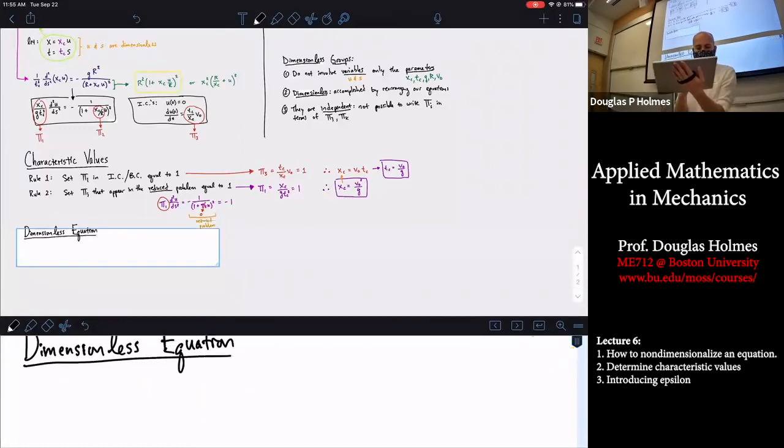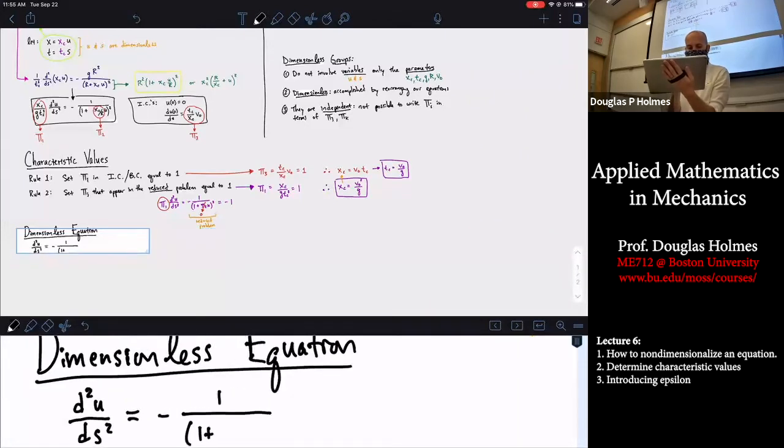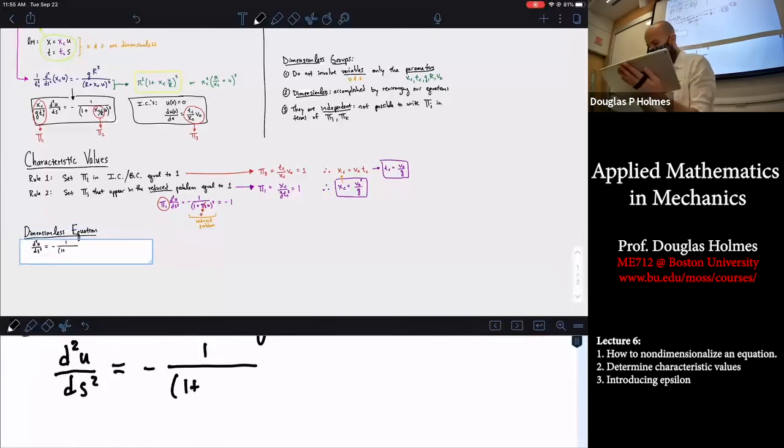Our dimensionless equation becomes the second derivative of u with respect to s, which is our dimensionless space and time variables, is equal to -1 plus a term with v.